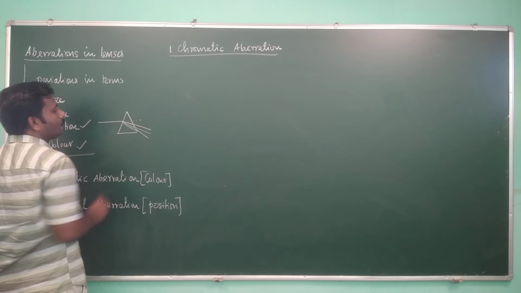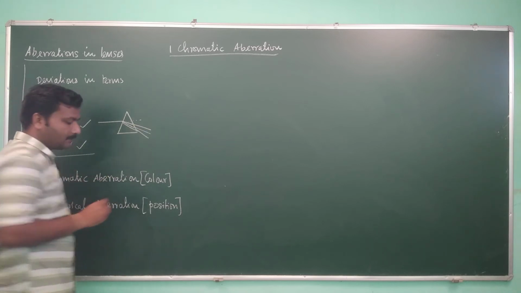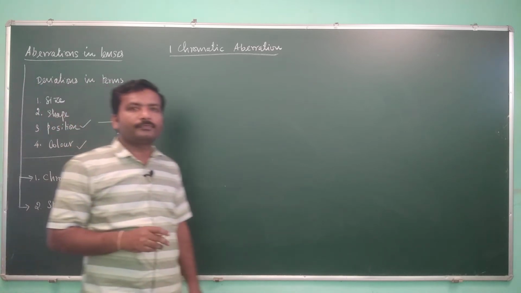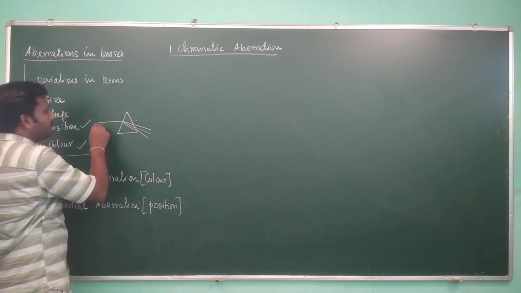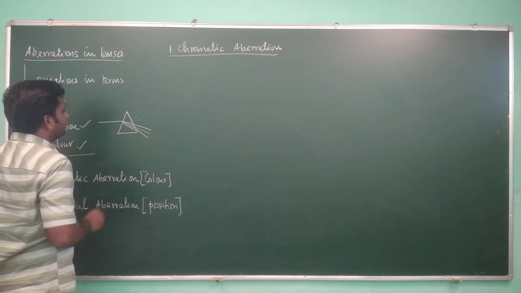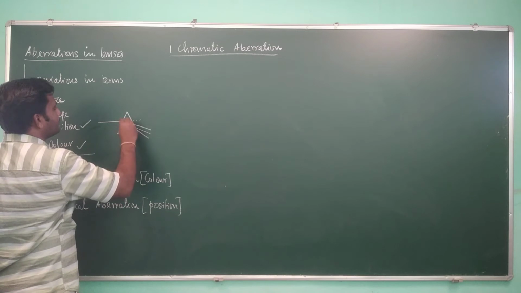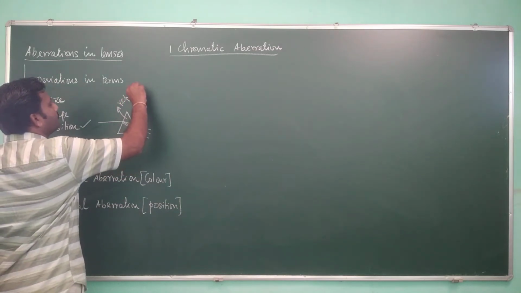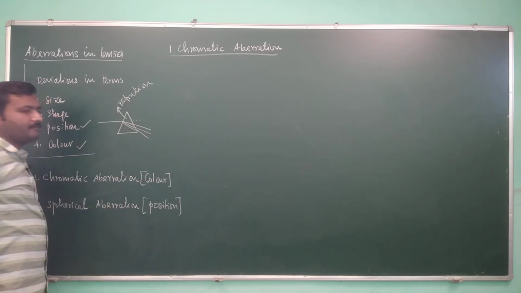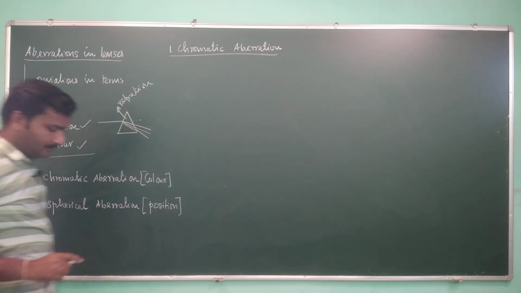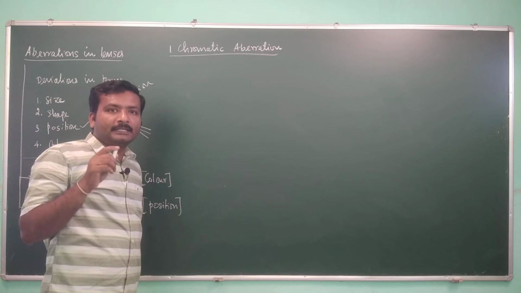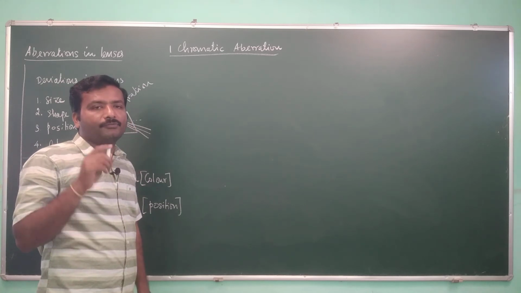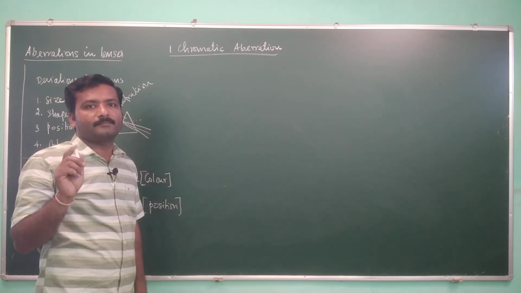Right? Why? Dispersion occurs. Okay? There exists a refraction within this. Refraction happens within the prism, but the refractive index is different for different colors.